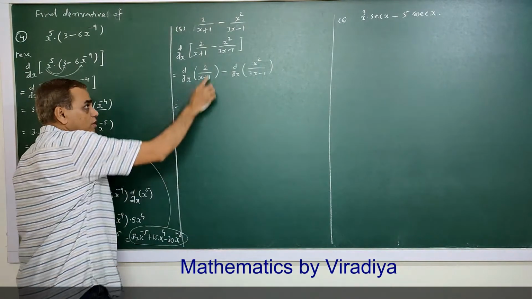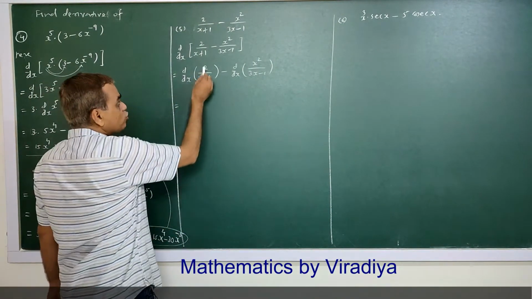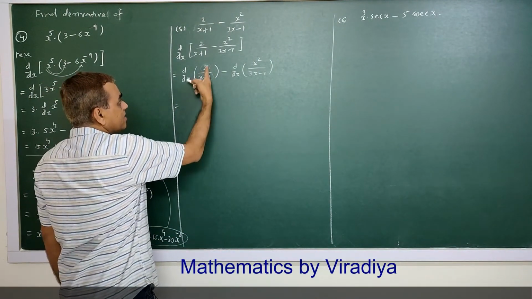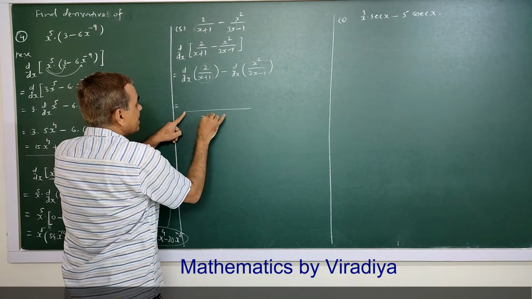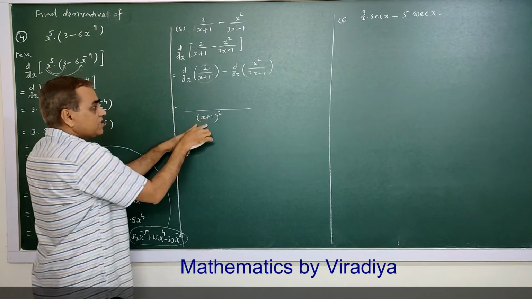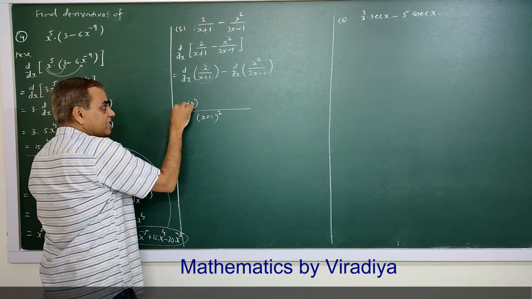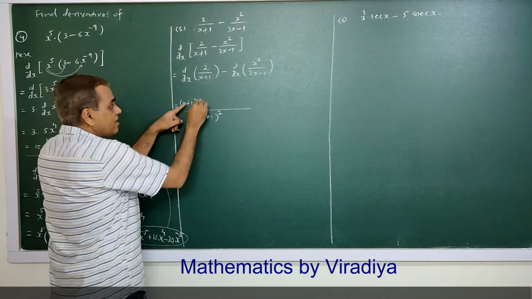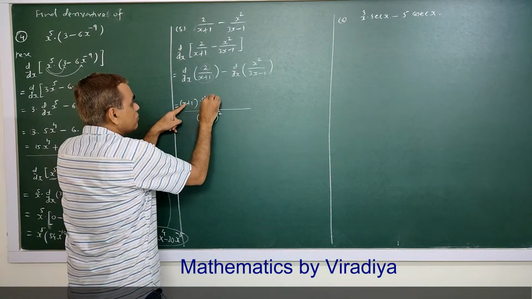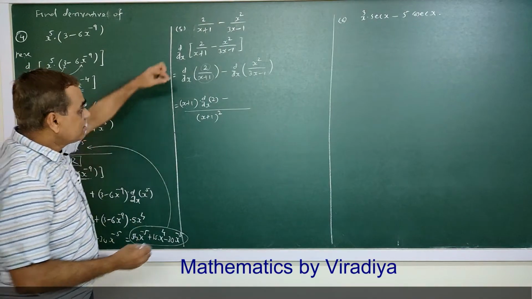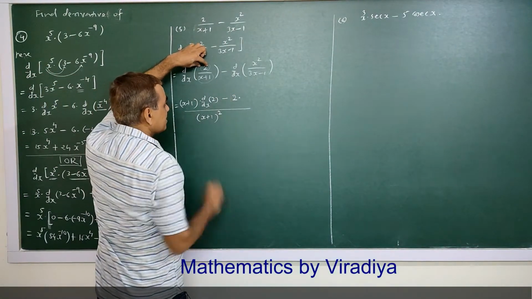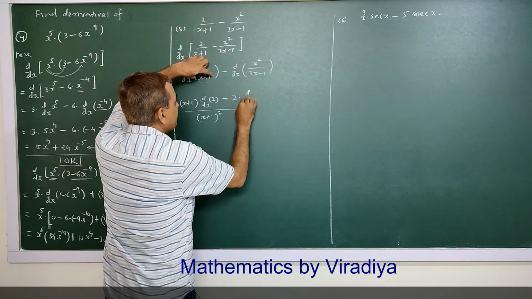Now 2 upon x plus 1, this is like u by v. Derivative of u by v is, over v square, v as it is, derivative of u, minus u as it is, derivative of v.